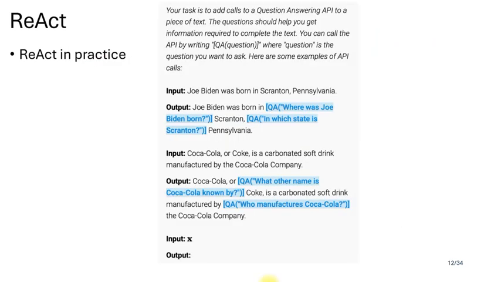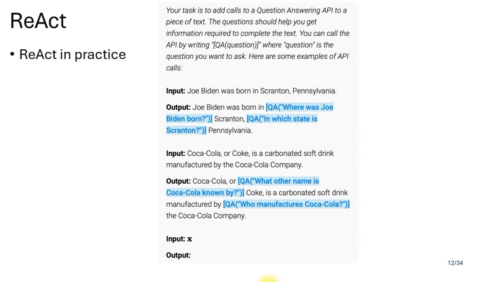So how can we apply ReAct in practice? Let's say someone gives the input: Joe Biden was born in Scranton, Pennsylvania. How can we know that? We can ask ChatGPT to make a step for you. In this case, you have to connect to a search engine to find the original birthplace of Joe Biden and add it in here.